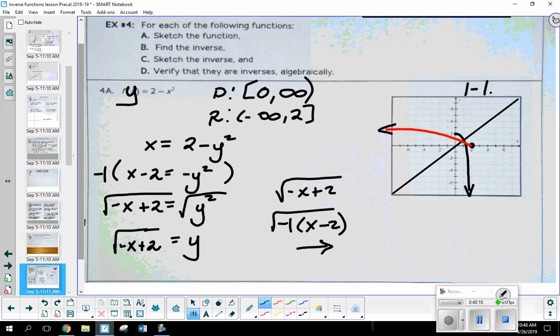Because let's say I did go ahead and take this graph and I did put the negative out front. What would that negative do? That would reflect it with the x-axis. That would give me the full parabola. So this one here, I don't need to worry about the plus minus. I'm just keeping the plus. Okay, because we restricted it. We wanted a function. Okay. Is everybody okay with that?